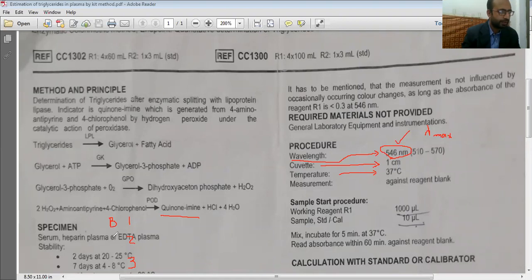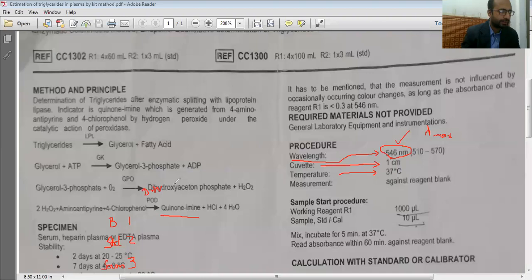The second test tube will be labeled as STD. STD stands for standard. The third test tube will be labeled as SAM, sample. Now the reagents which you need to add in your test tubes: first is distilled water.